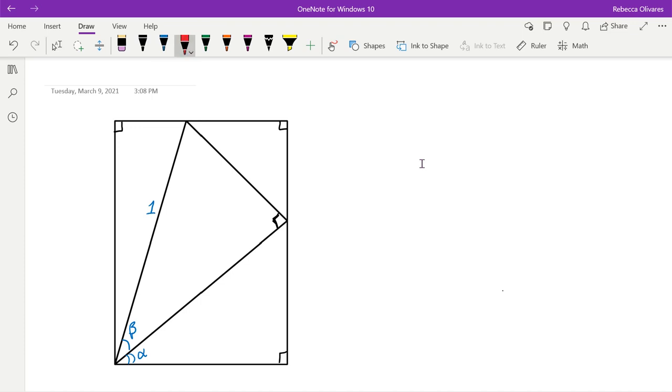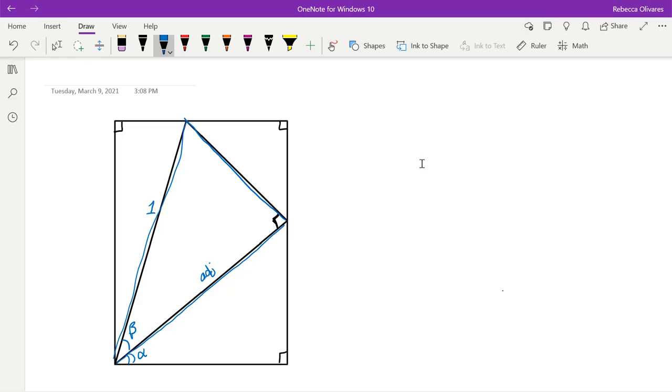So first of all, this triangle that's in the middle, let's call this the blue triangle. I'll sort of highlight it in blue. For that blue triangle, it's a right triangle because we got the right angle in it. The hypotenuse is 1, and this angle down here in the bottom left corner is beta. And I want to find an expression for the adjacent side down here.